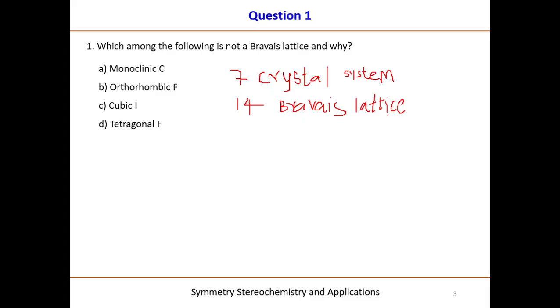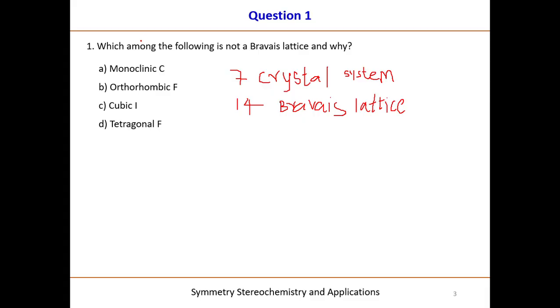Okay. So what is a Brevis lattice? A Brevis lattice is nothing but any of the 14 possibilities of three-dimensional configuration of point group which is mentioned in the 7 crystal systems. So we will discuss here in this question which among the following is not a Brevis lattice. So this is a three-dimensional system.